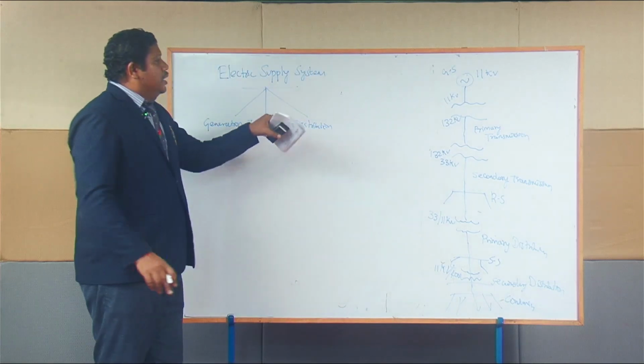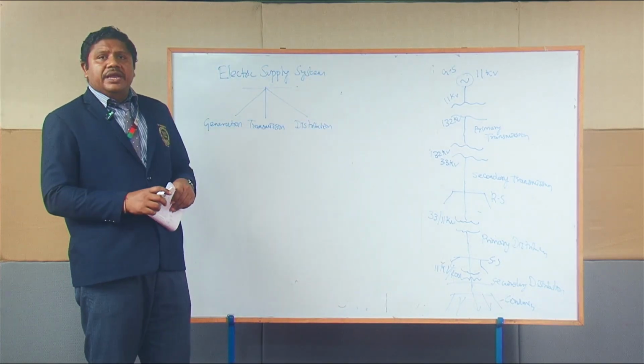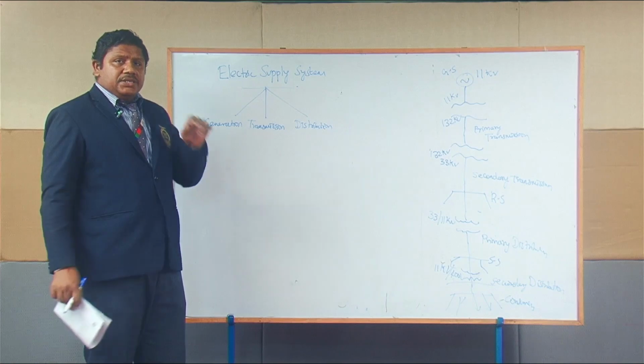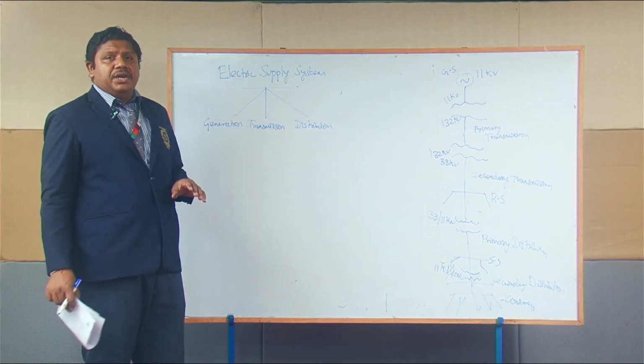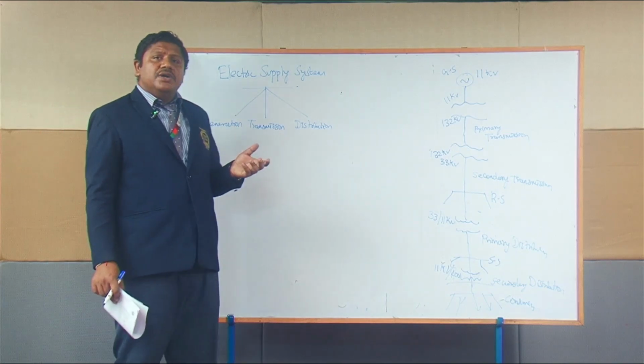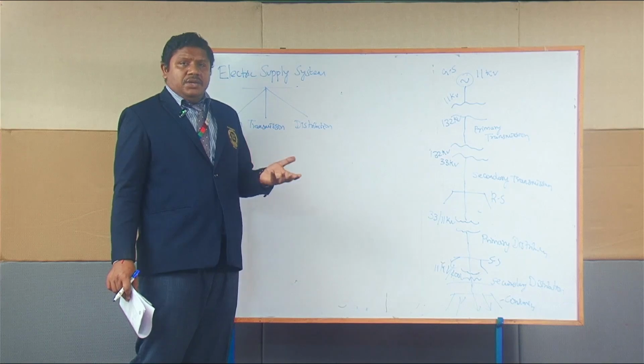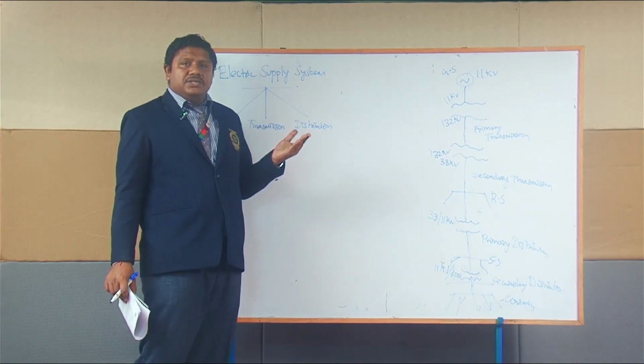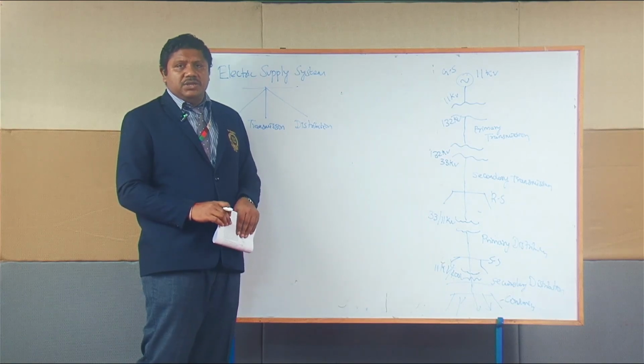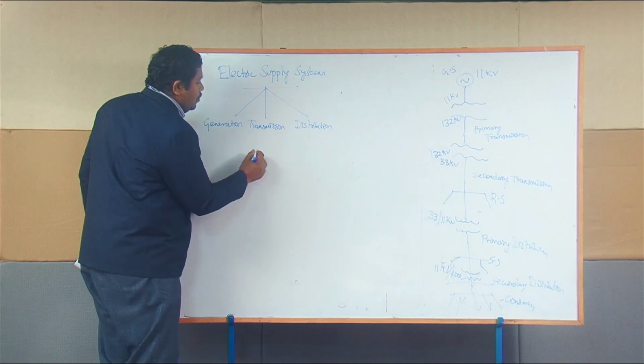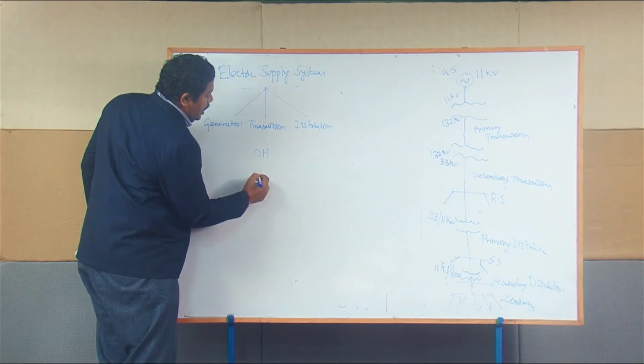This transmission can be done in two ways. Transmission is over HT conductors, and the power is distributed to consumers in two different modes: the overhead system and the underground system. Both have many advantages and disadvantages.